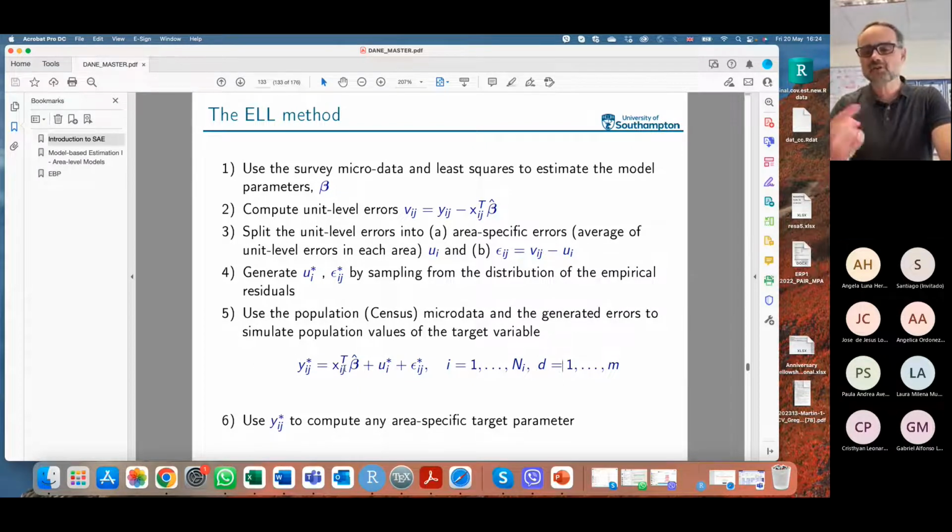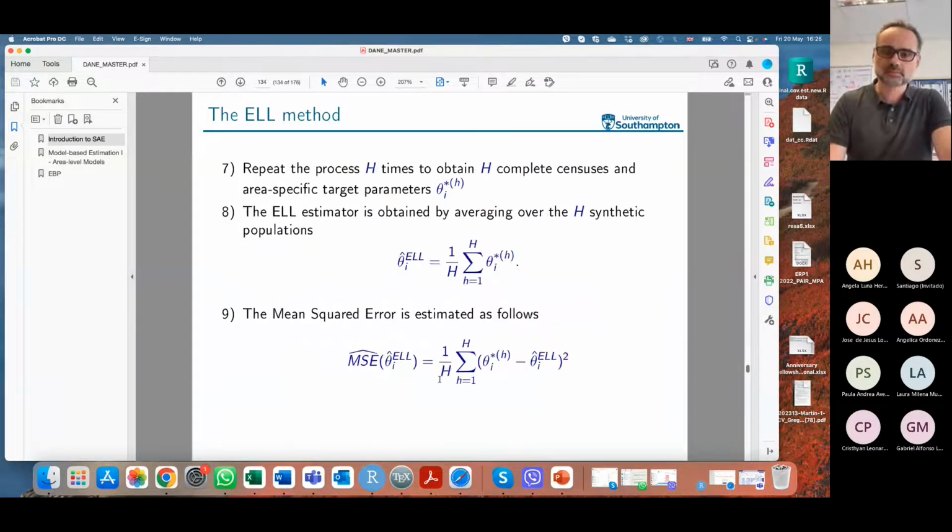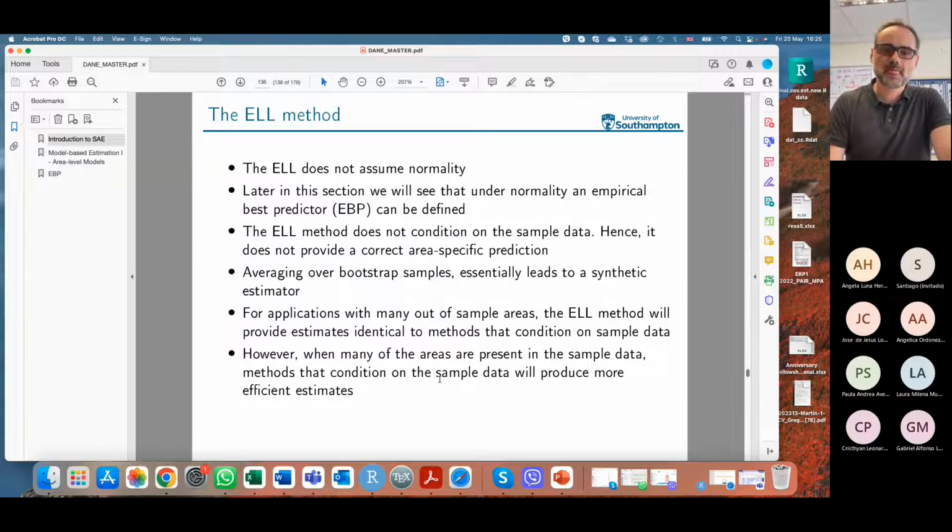If you average all of this, if you take the expectation of Yij, that will be equal effectively to Xij beta hat, which is a synthetic estimator, because the expected value of Ui is 0 and the expected value of Eij is also 0. So that leads to a synthetic estimator.